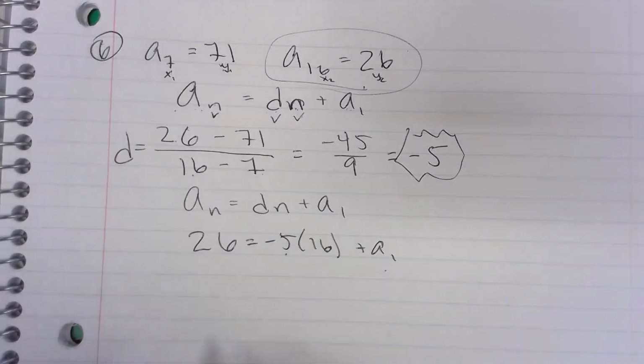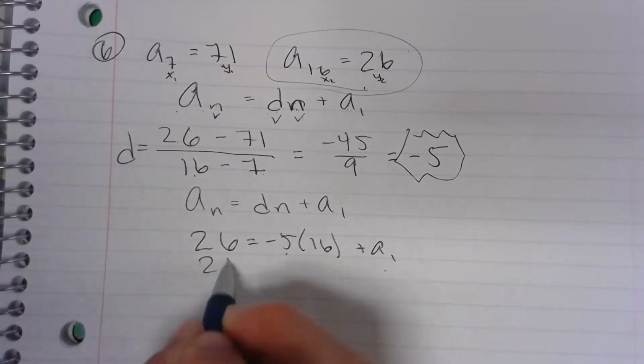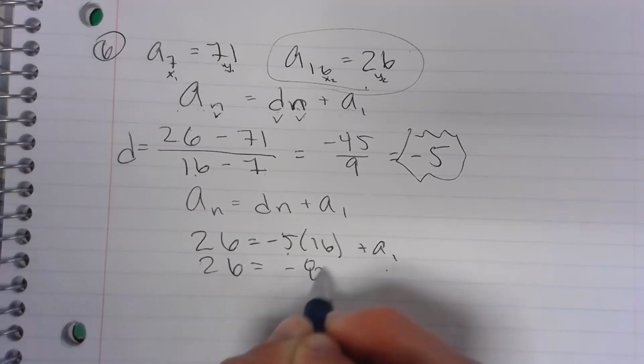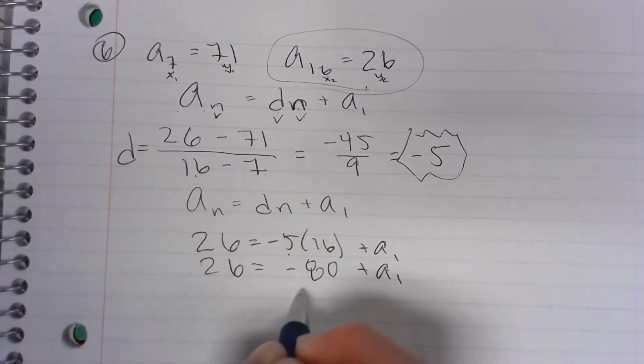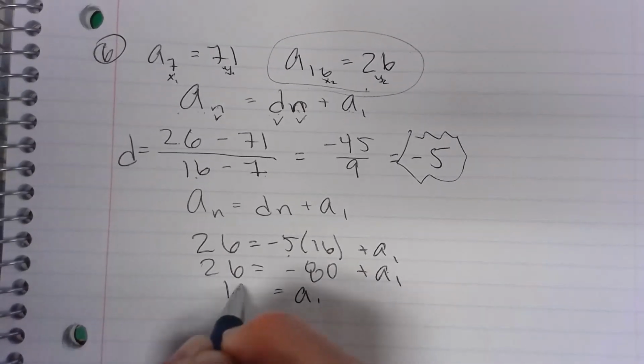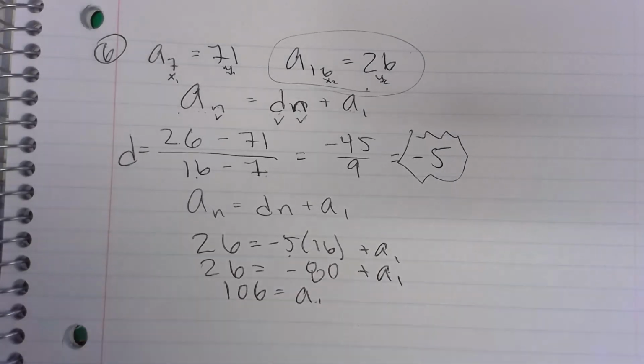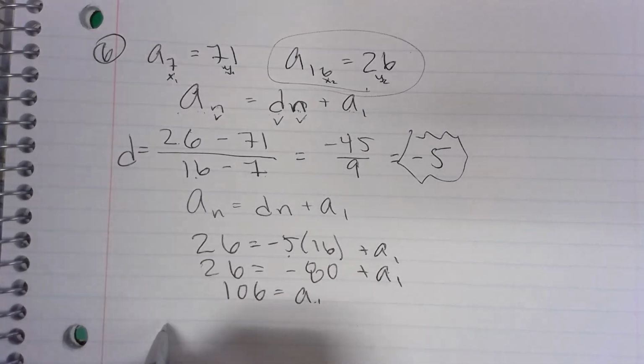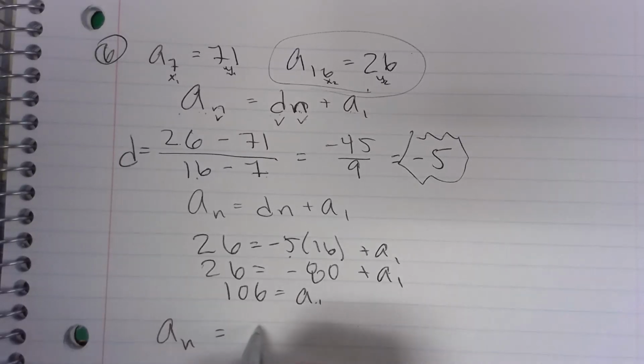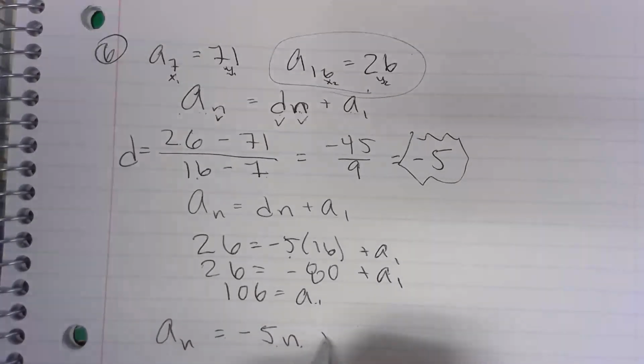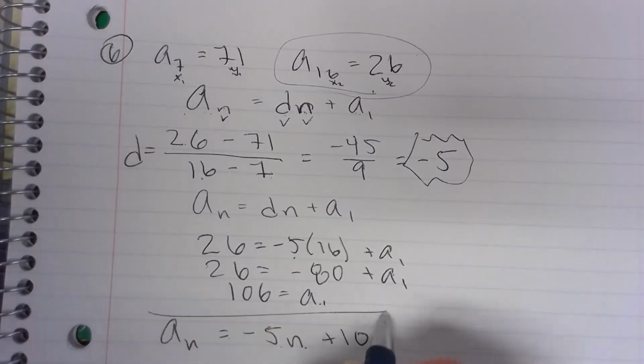I'm going to find a sub 1. We're going to add 80 to both sides. So we have a sub 1 is 106. And now I have a rule, an equation, which is a sub n equals -5n plus 106.